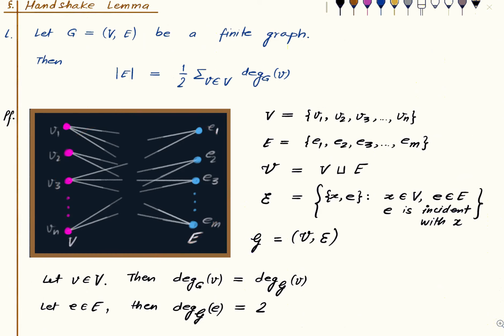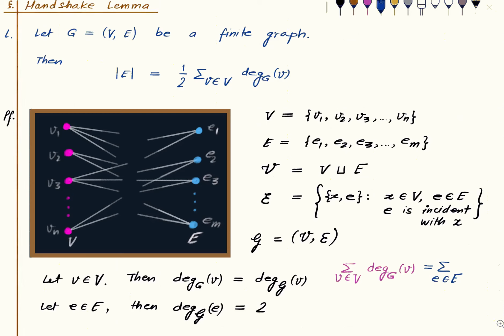Alright, and now apply the principle of double counting to this fancy graph. So if you do that, from the counting from the left side, what do we count? We count the summation over all the vertices, degrees in the fancy graph, but we showed those are the same as in the old graph. And from the right side, if we count all the edges in the old graph, this will of course run over all the points in capital E. And what is the degree of any point in this fancy graph on the right hand side?